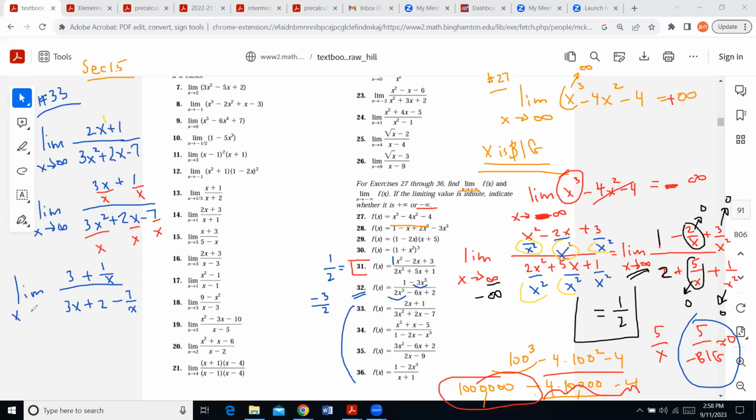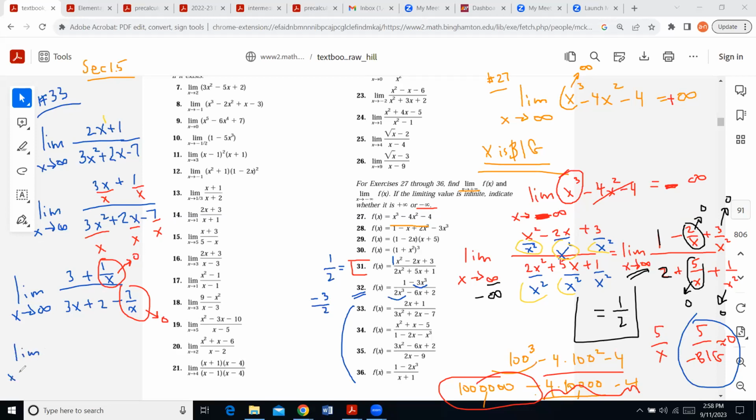So when x goes to infinity, then these little guys will go away, 1 over x and 7 over x. They approach 0 because, again, that's a fixed number divided by big. And the big, well, dominates and goes to infinity. So you divide 1 by infinity, which is something small.